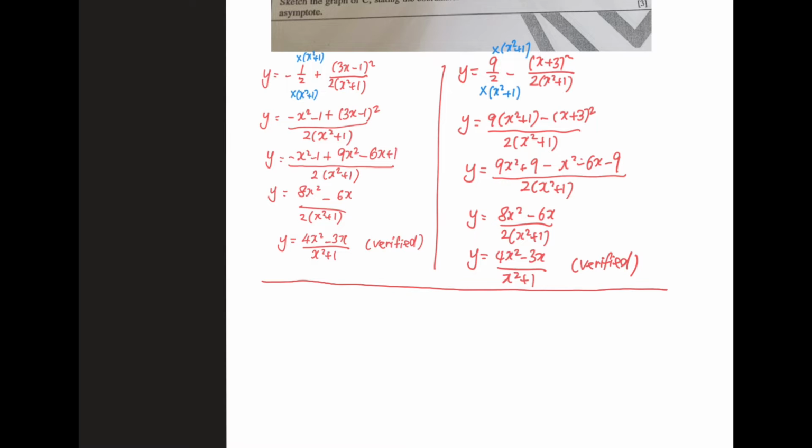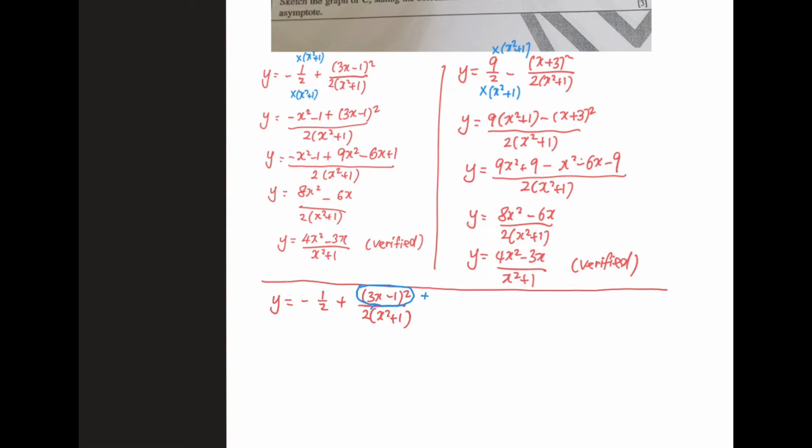Now, first of all, when I look at y equals minus half plus (3x minus 1) squared over 2(x squared plus 1), what I realize is that this is confirm positive because there's a square there.